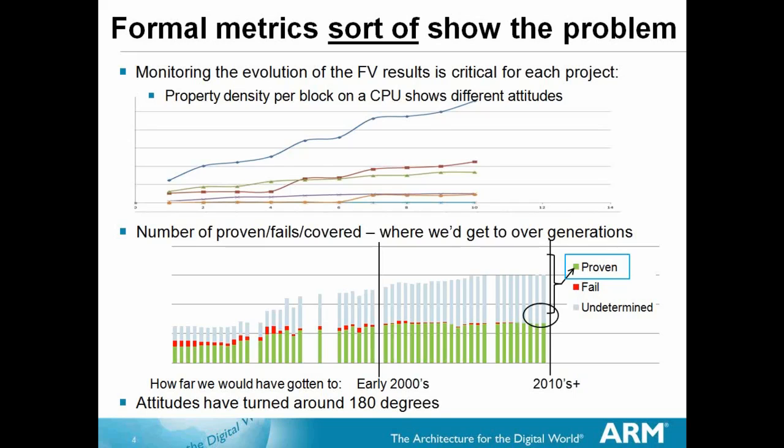Nowadays we're in this region here where we effectively have no failures left. We're basically all proven or undetermined. And the whole idea now is to move into getting all of the properties into this determined and proven area. It's obviously a very difficult thing to do. But attitudes have turned around for us almost 180 degrees.